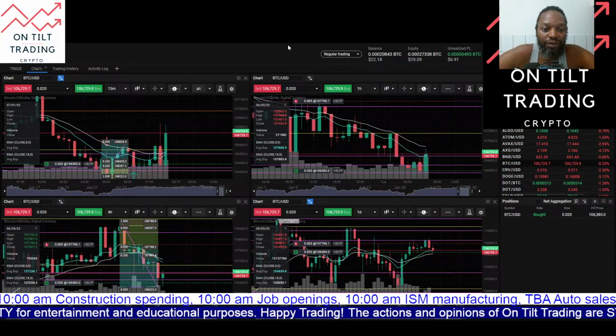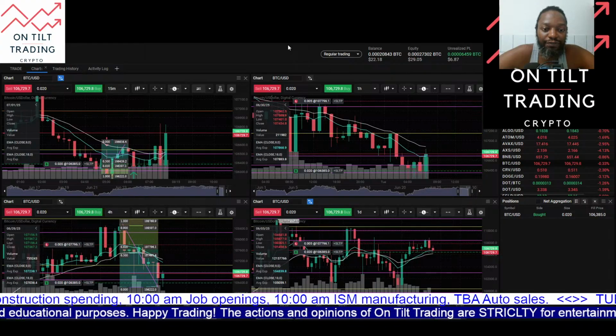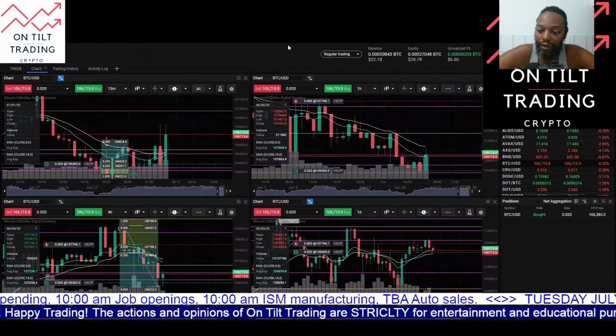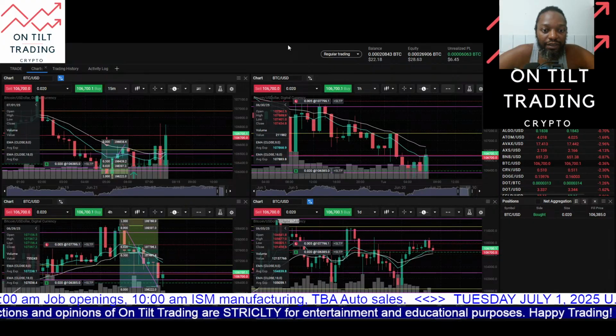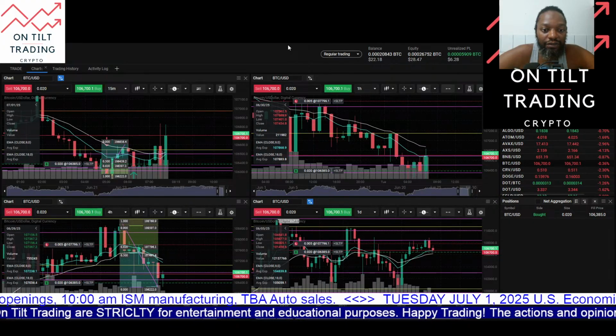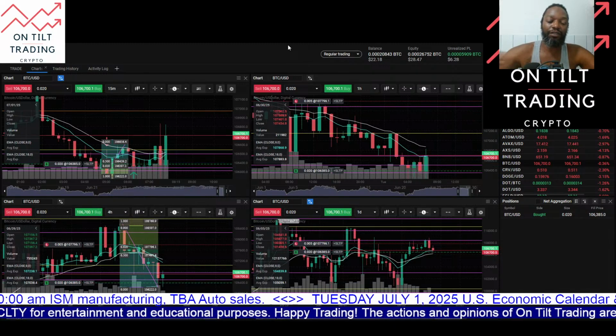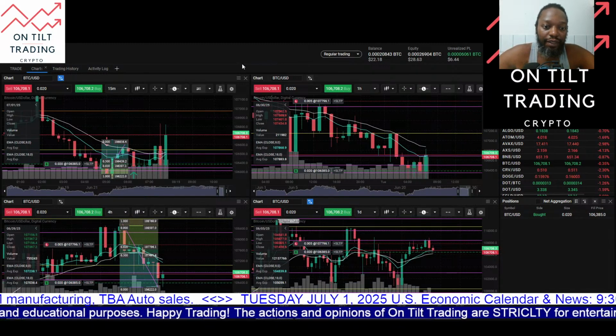Trading down to the 106,720 level. Less than 5 minutes remaining in the current 15-minute candle, now at 106,700. Price being delivered to the sell side here.